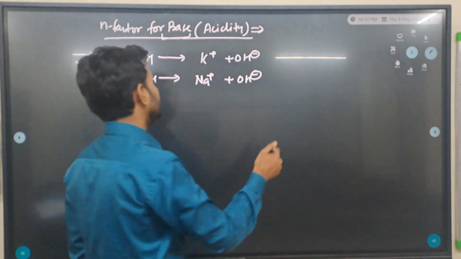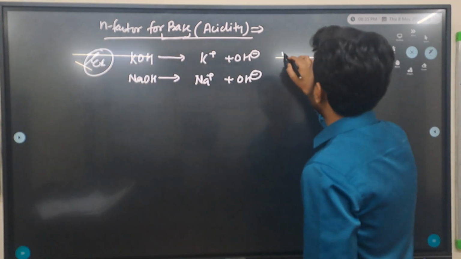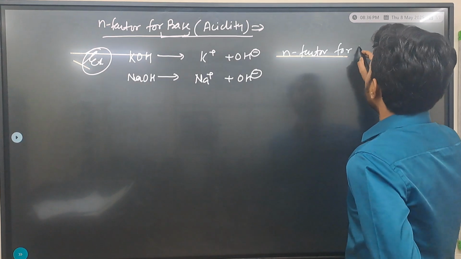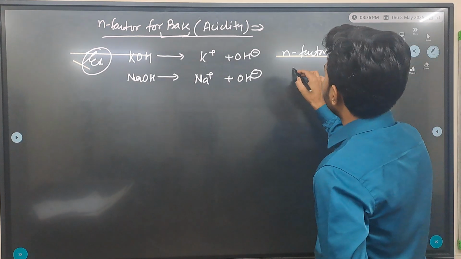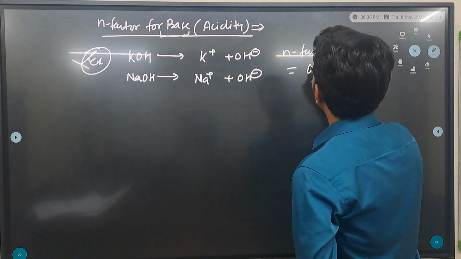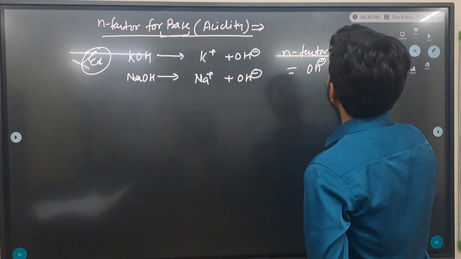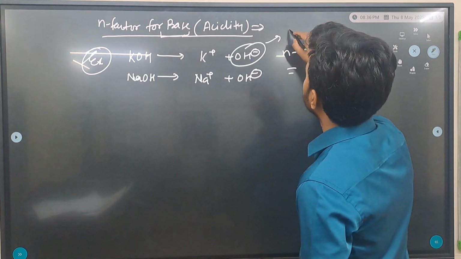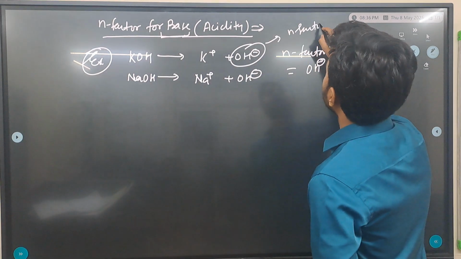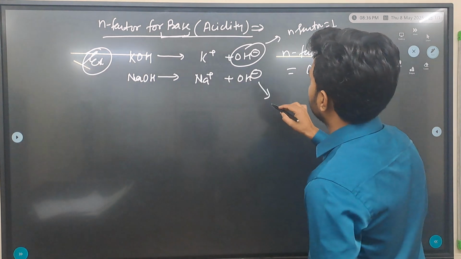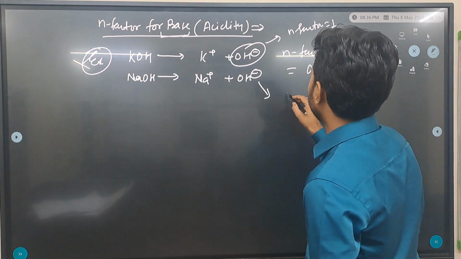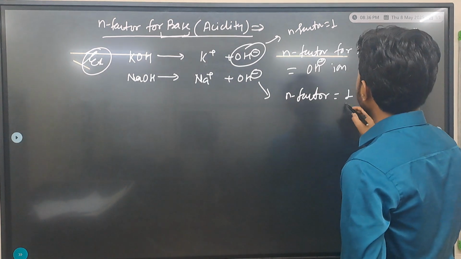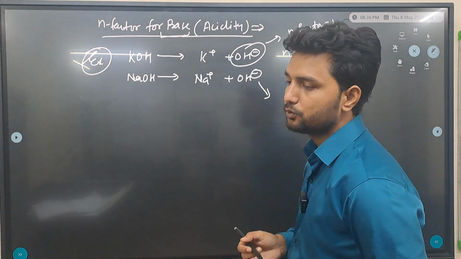So here the n factor for a base will be equal to the number of OH negative ions. KOH gives one OH, so the n factor will be 1, and in case of NaOH the n factor will also be 1.